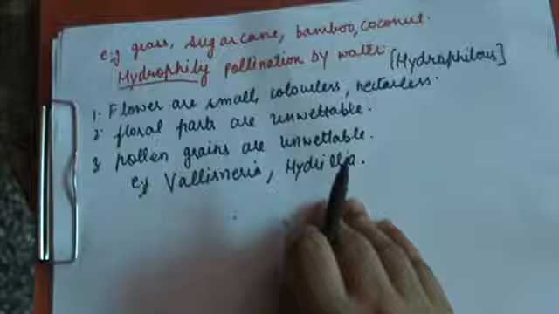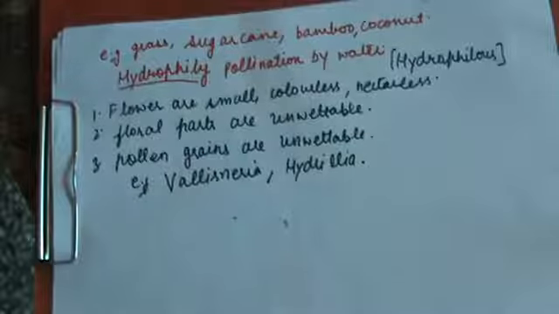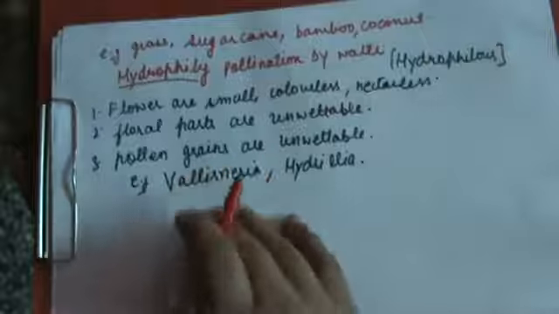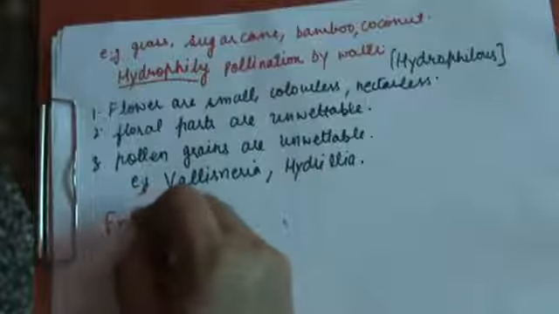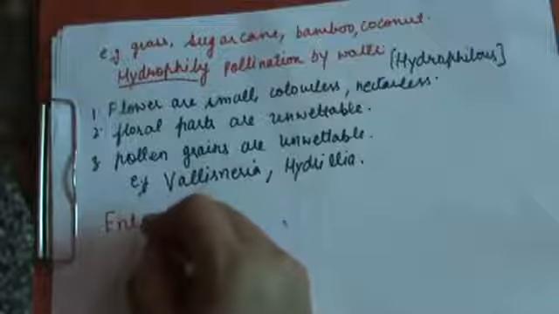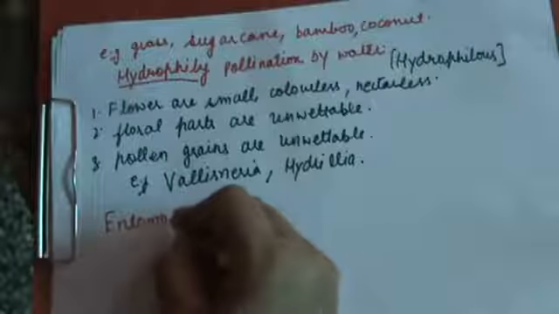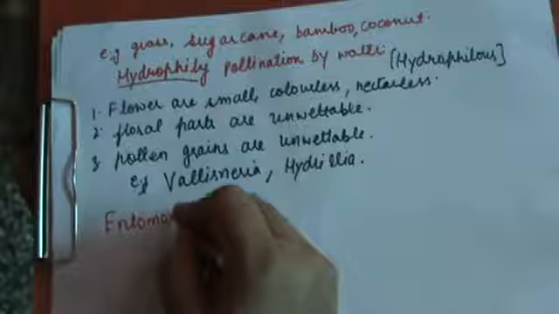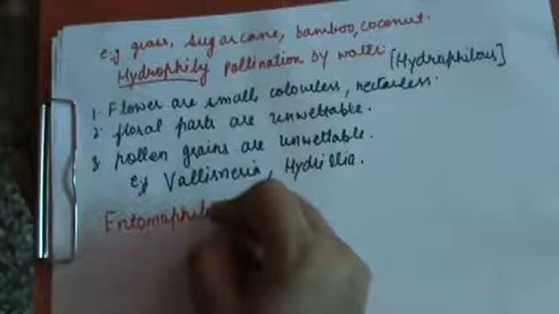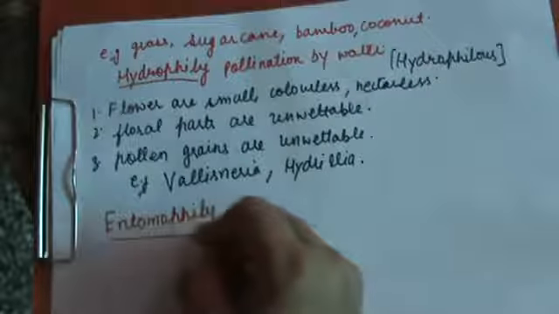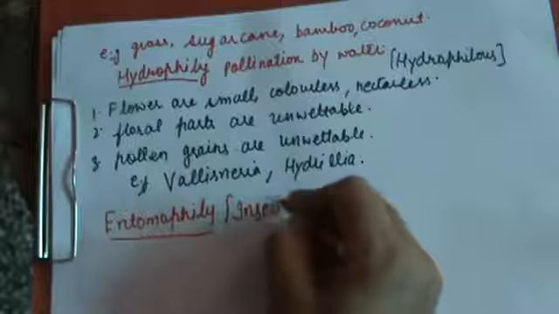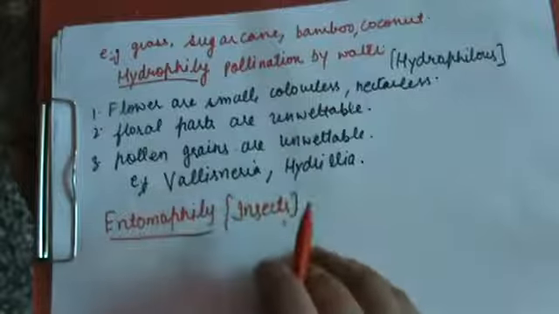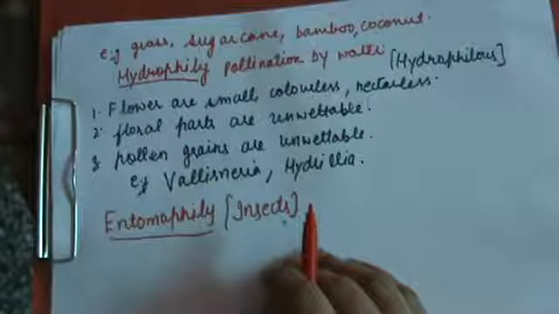Next pollination is entomophily. Entomophily means the pollination that occurs with the help of insects, and the flowers are known as entomophilous.